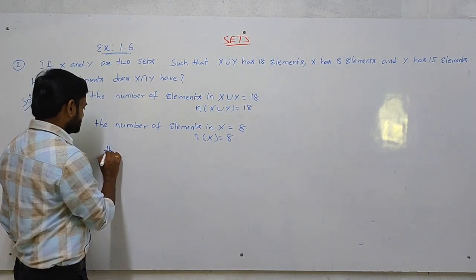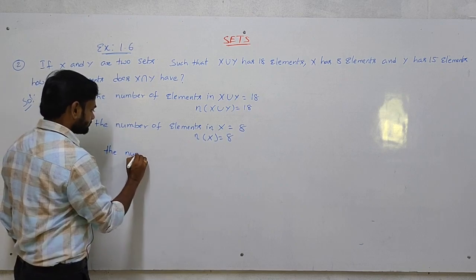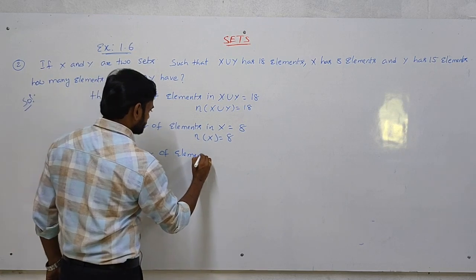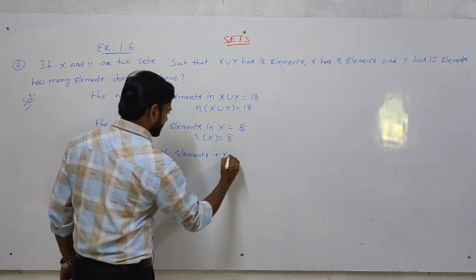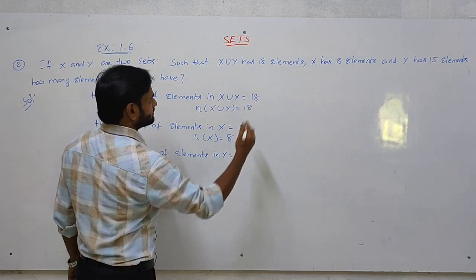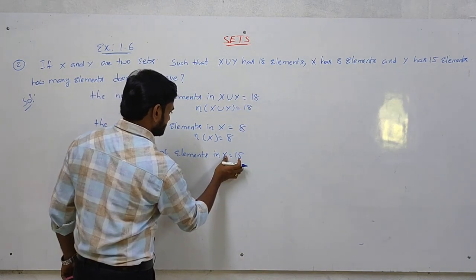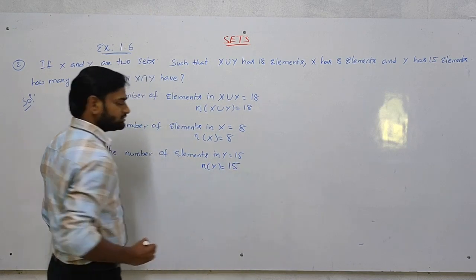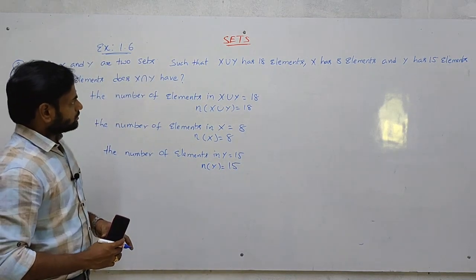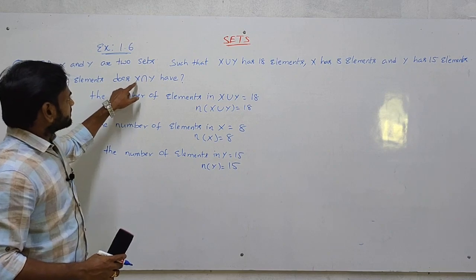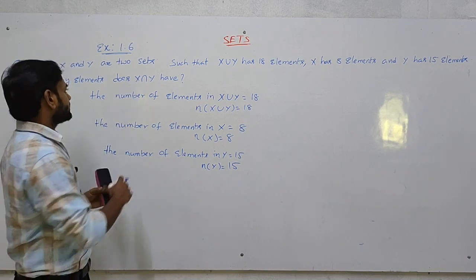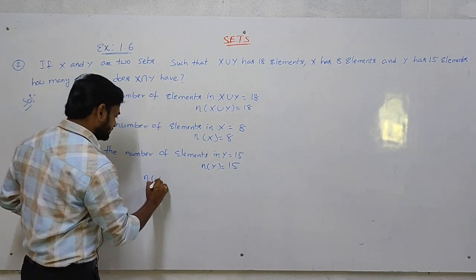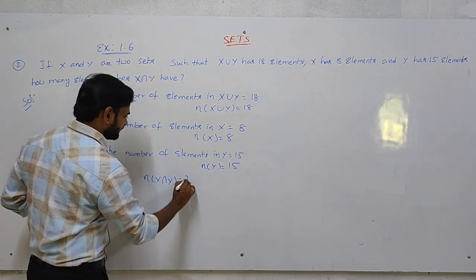The number of elements in y is 15. So that is n of y is equal to 15. Now what we have to find? The number of elements in x intersection y. So that is n of x intersection y we have to find.